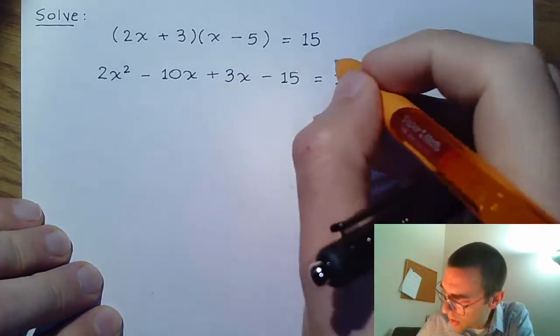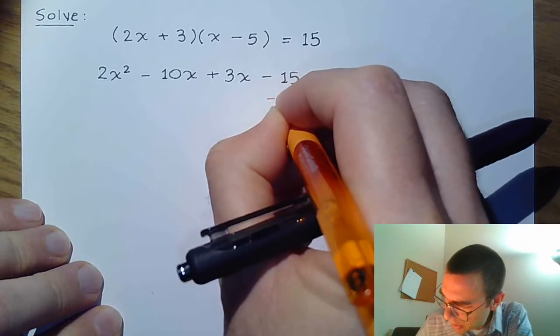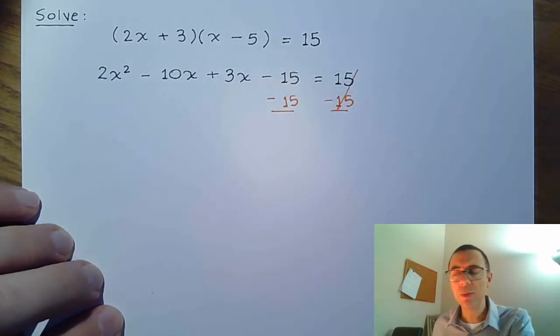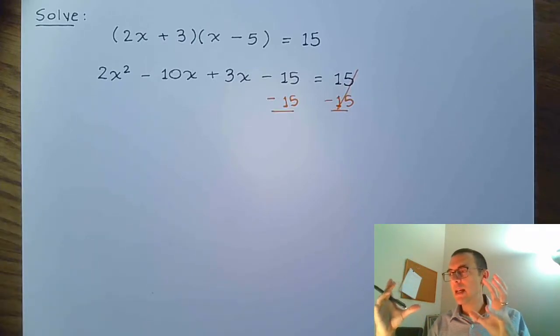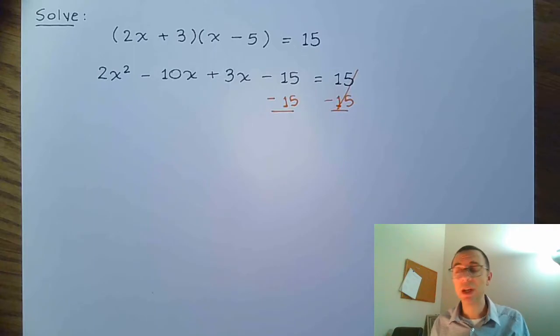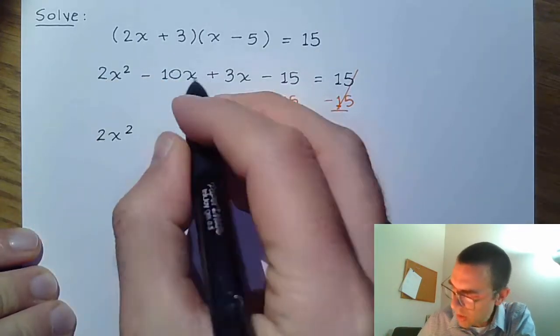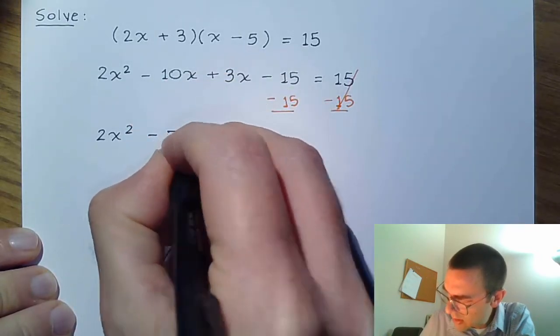And so now, when I try to subtract 15 on both sides, I have a place for that negative 15 to go. I'll put it with its like term. And so I do that, and then I take all of the stuff that's on the left side and I condense it. I simplify. So now I have 2x squared. Negative 10x plus 3x is a negative 7x.